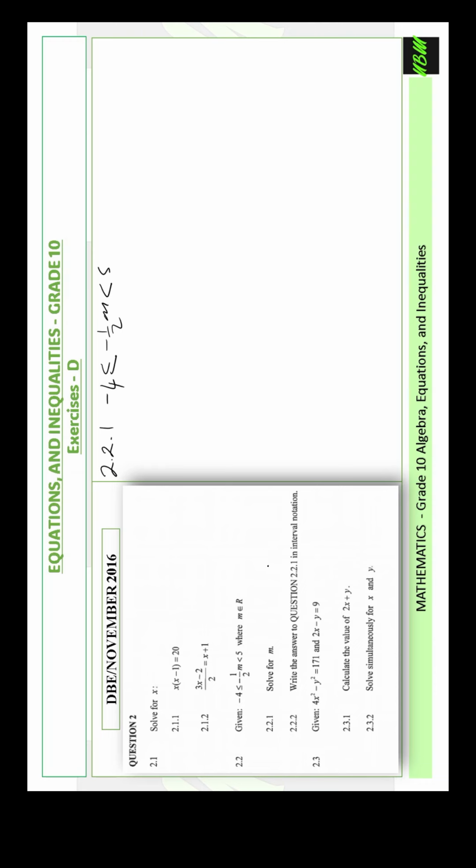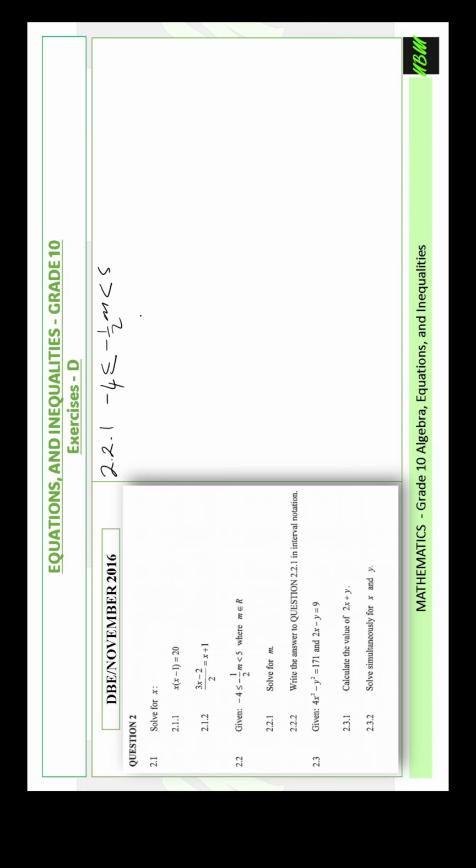And then they say where m is an element of real numbers. In the previous question of November 2015, they did not indicate whether x is an element of real numbers. So if they do not indicate, we always take it that we are dealing with the real numbers. Right. Then 2.2.1, solve for m.